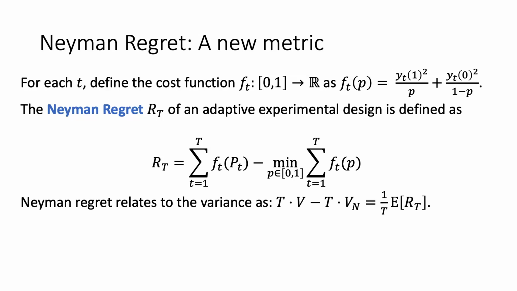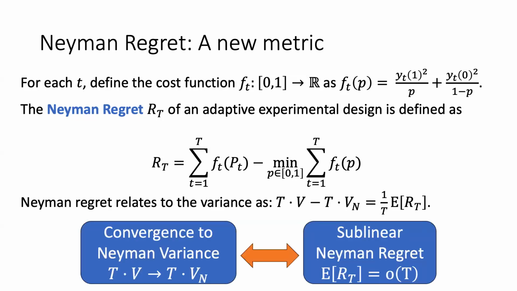That's what the definition of these things works out to be. That's why I was chosen. And what this says is that convergence to the Neyman variance, that is, making sure that the additive error becomes very, very small, is equivalent to ensuring that the Neyman regret is sublinear in T here.